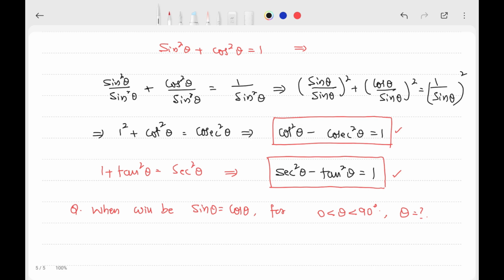Solution: sin theta is equal to cos theta implies sin theta by cos theta is equal to 1. That implies tan theta is equal to 1. That implies theta is equal to 45 degree. Or else it can be sin theta minus cos theta is equal to 0 at 45 degree.